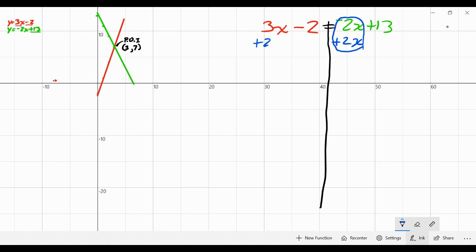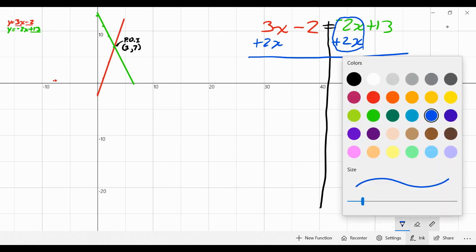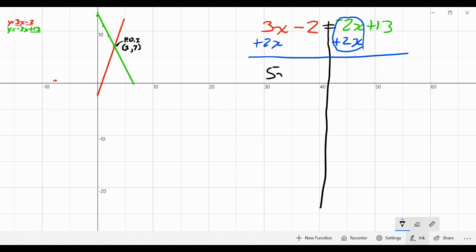And I'm going to add the 2x on this side. And that gives me 5x on the left minus 2 equals, that was a 0 pair, so just the 13 is left. Now, again, I want to work to isolate that x, so I'm going to move the negative 2 away.